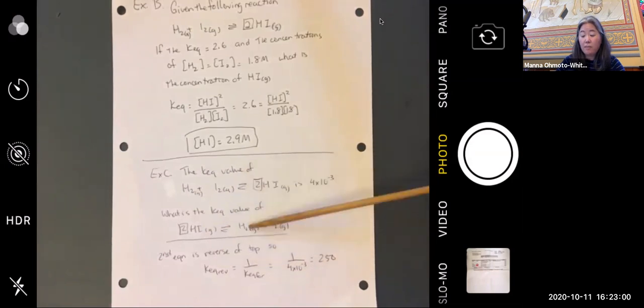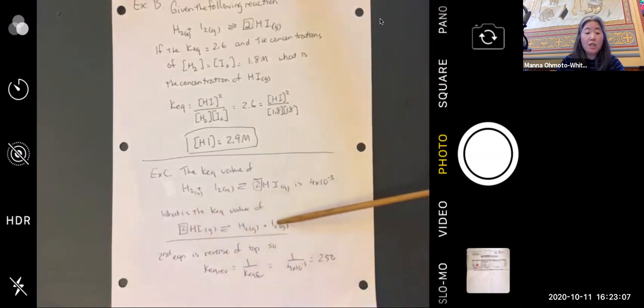So because the second equation is the reverse of the top, composition, decomposition, then the KEQ value of this reverse reaction, the decomposition reaction, is going to be the reciprocal of the KEQ value of my forward reaction. So in this case, my KEQ value of my forward reaction under these circumstances was 4 times 10 to the negative third. So my KEQ value for the reverse reaction will be 1 over 4 times 10 to the negative third, or 250.